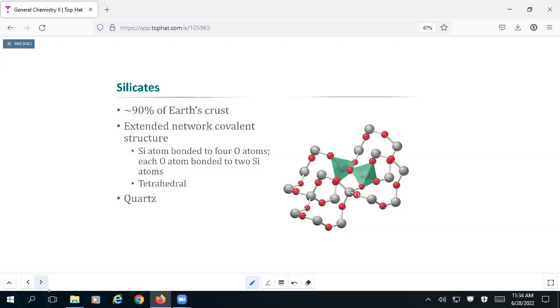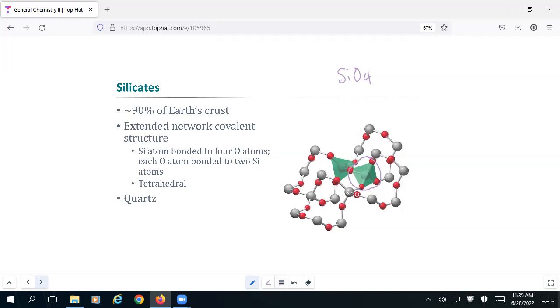But they do fall into kind of like a unit cell structure, where you can see that there is one silicon and 4 oxygens present. That unit cell structure is kind of the same.